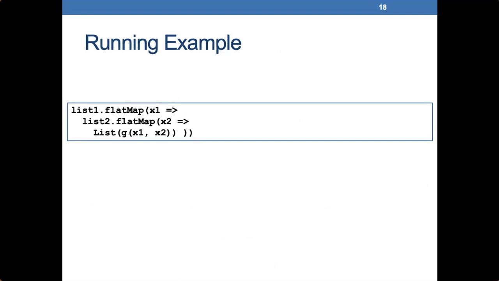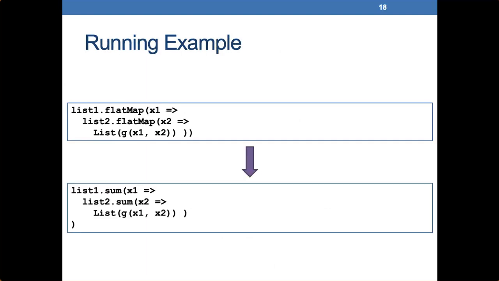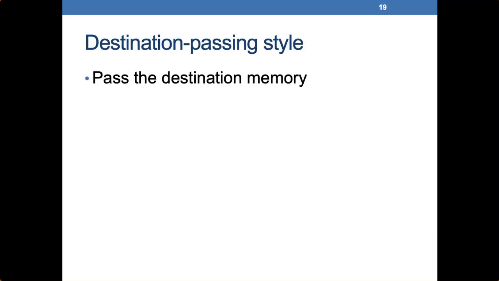So going back to our running example, we can represent the nested flat map as a nested sum. Now, in order to apply the optimization, first we would like to introduce the notion of the destination passing style representation, which is a representation where we pass the destination memory as well.